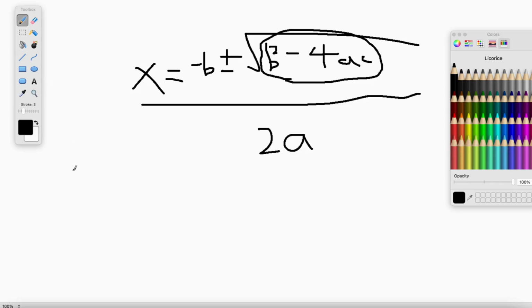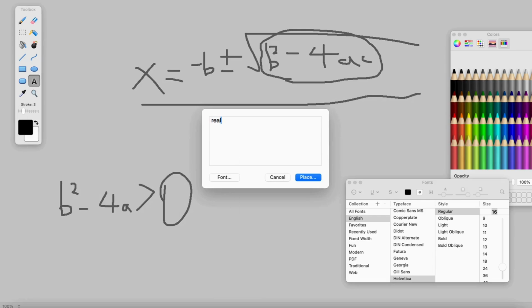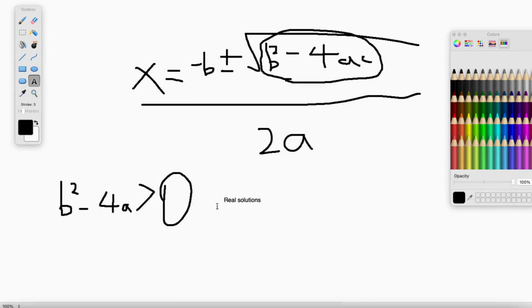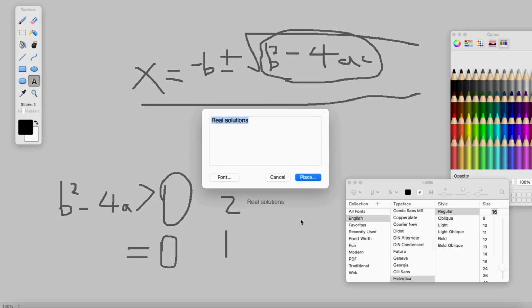So here are the basic rules. If b squared minus 4ac is greater than 0, then there are two real solutions. If it equals 0, there is only one real solution.